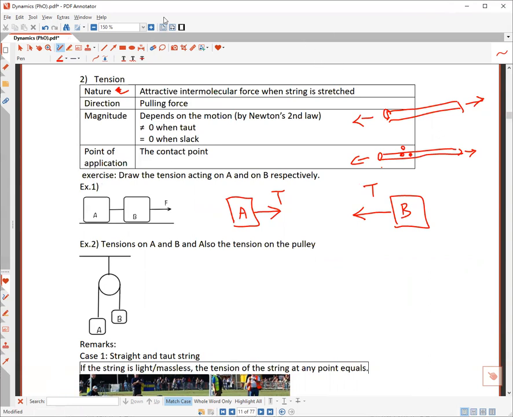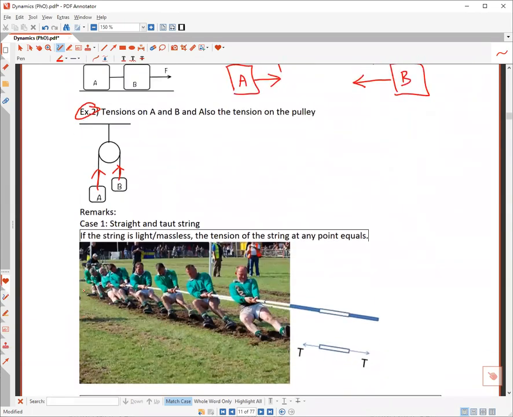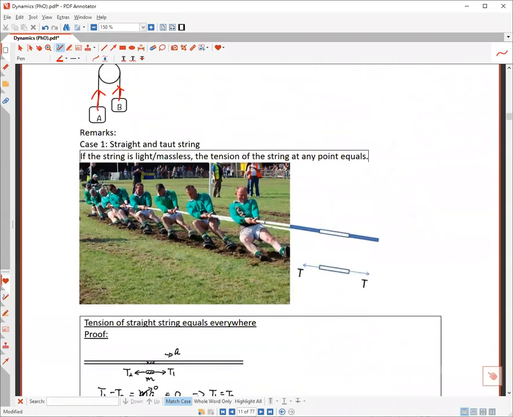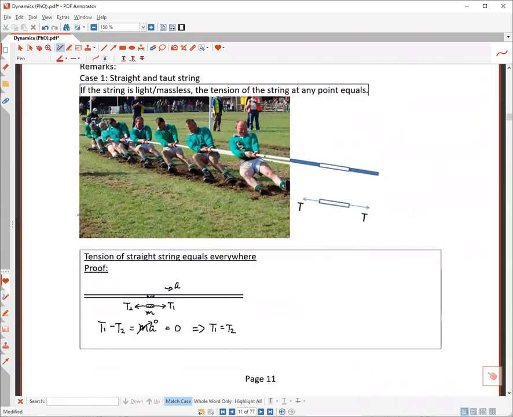Or you may state the direction in the Zoom chat. The tension acting on object A is away from object A, so it's upwards. Same as the tension acting on object B. So you need to know how to indicate the direction of tension. It's very important because most of the questions have a string in them.